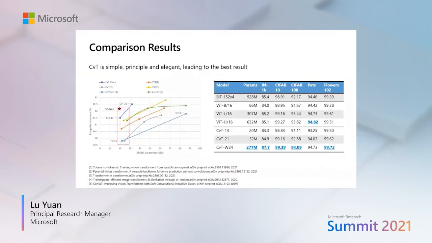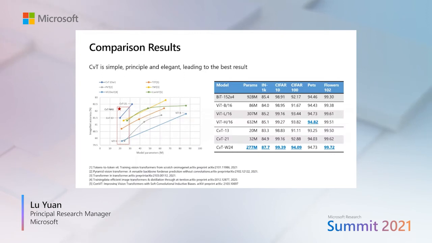On the right side table, we show CvT performs much better than the strong CNN model BiT and vision transformer when these large-scale pre-trained models are transferred to classification downstream tasks. On the left figure, we show CvT achieves consistently better accuracy than other concurrent works with different model sizes.